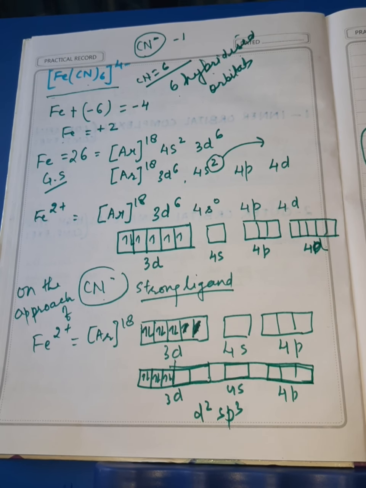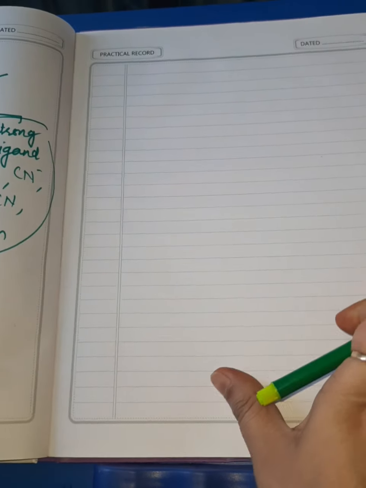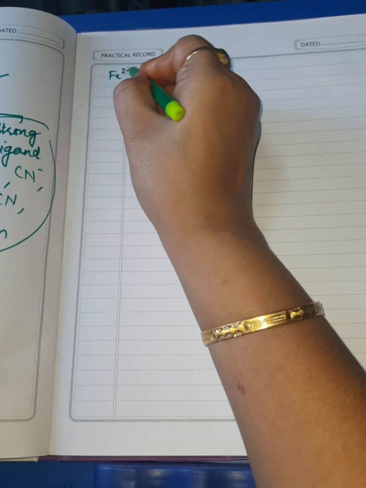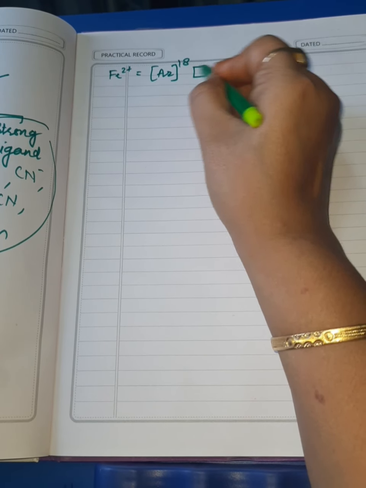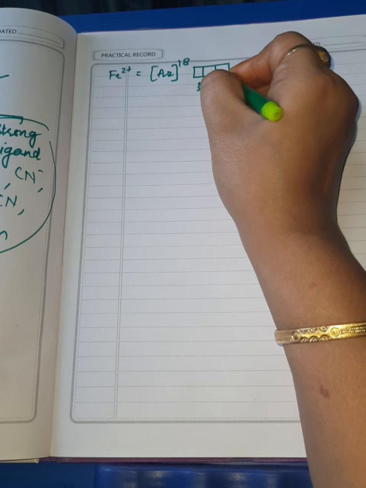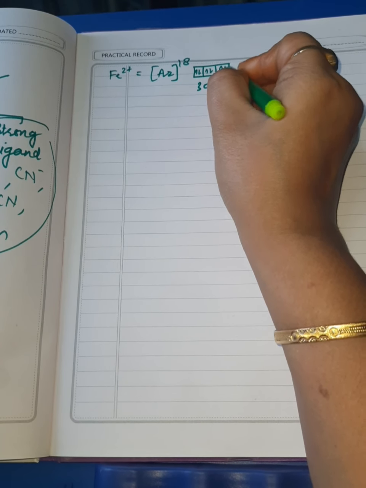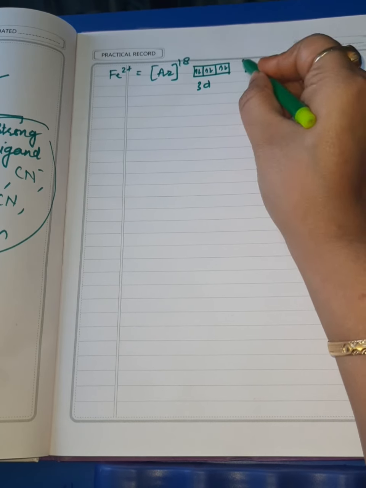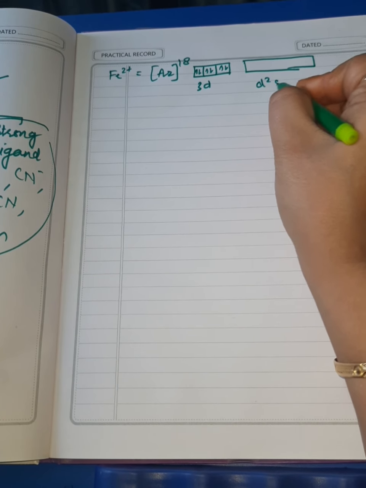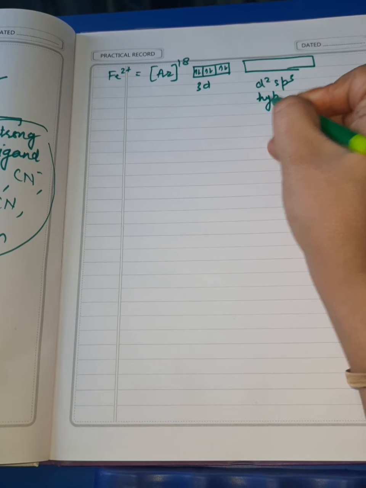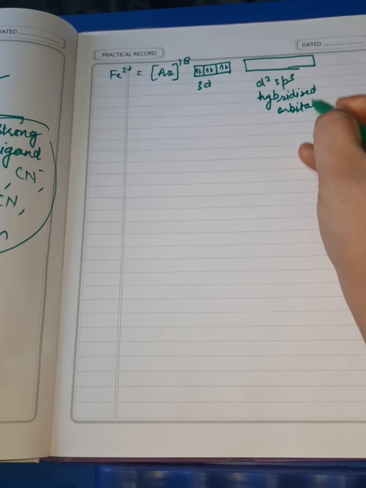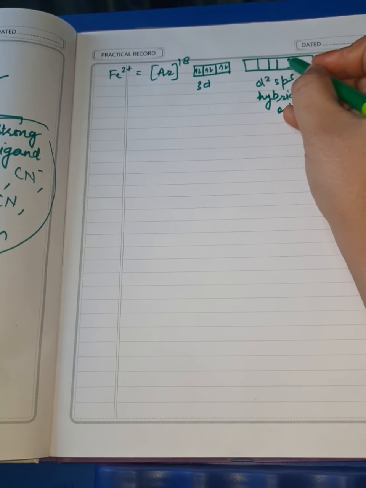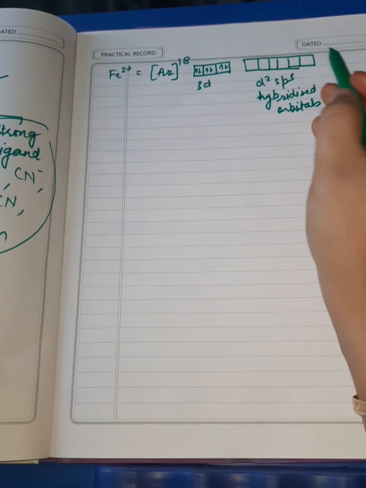As a result of d2sp3 hybridization, after hybridization, Fe2+ gets, first of all, 3 3d orbitals which contain the paired electrons, and it gets 6 d2sp3 hybridized orbitals. They are empty.